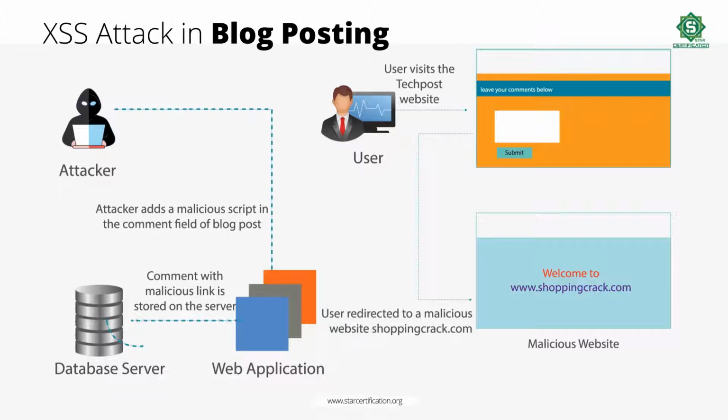The database server stores all the blogs along with the malicious links. When the user visits those websites, he comes across the blog posting sections. The user, when clicking on these links, gets redirected to the infected web pages. An alert pops up when the link is clicked. Thus, this successfully affects the user's account on that website.